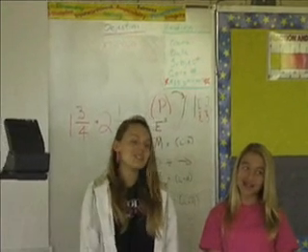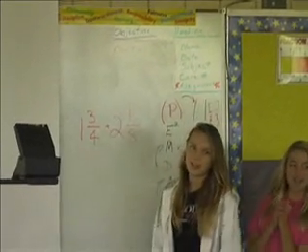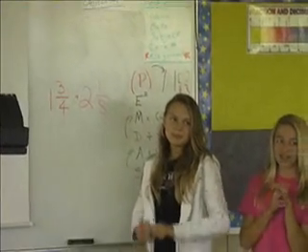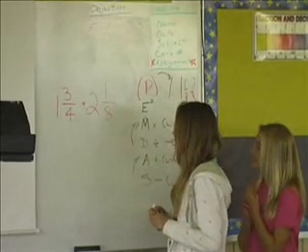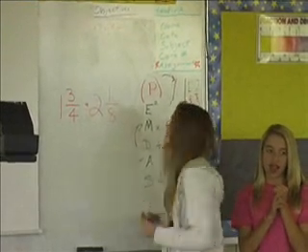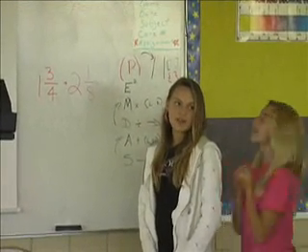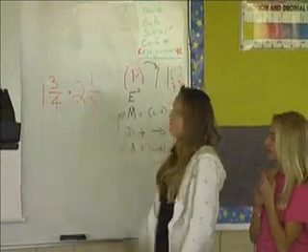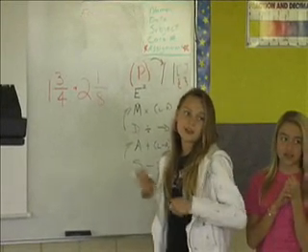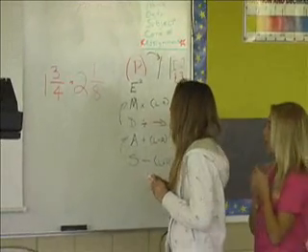Anybody? Okay, Rachel? What do we need to do first? Well, 1 times 2 would be 2. Well, what do you mean? You need to first put it into an improper fraction. Okay. So what would 1 3/4 be into an improper fraction? 7/4.